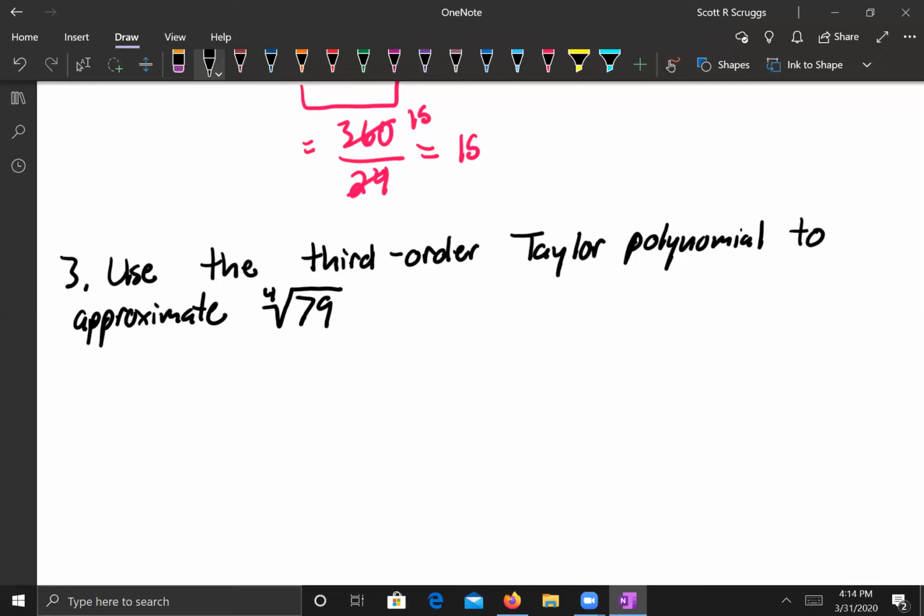So that's going to be up to y'all to figure out. So while working on this example, determine what f of x is, and also determine where you want to center that Taylor polynomial at.